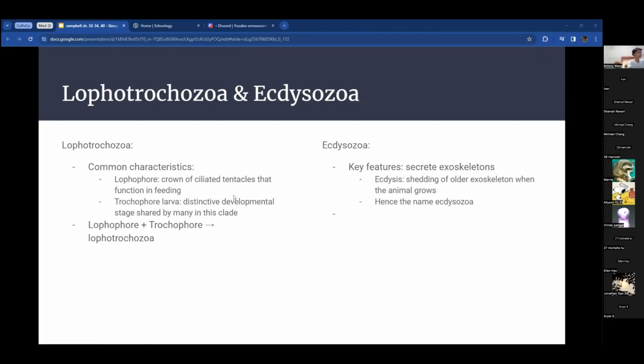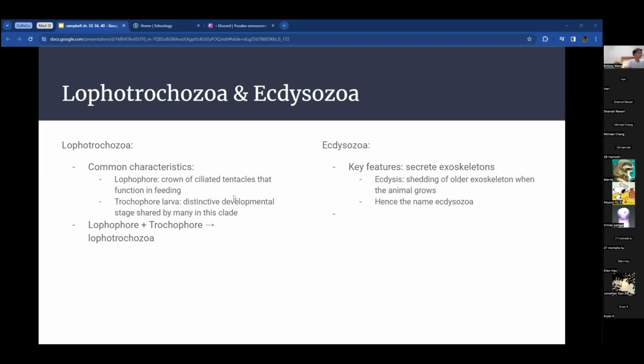Lophotrochozoa and ecdysozoa. So animals are very diverse. These are two of the animal phyla, two out of many. I don't remember exactly how many, but these are two of the animal phyla that we will get into. I'll introduce them now because these are probably the most diverse of them. Start with Lophotrochozoa.